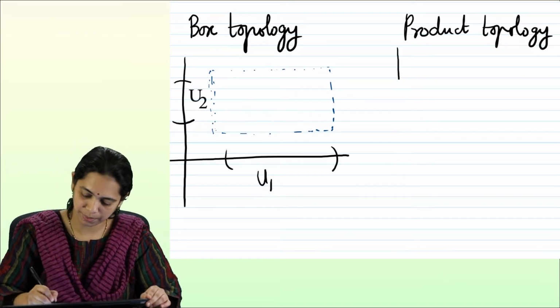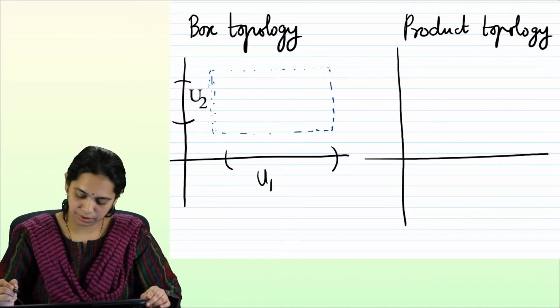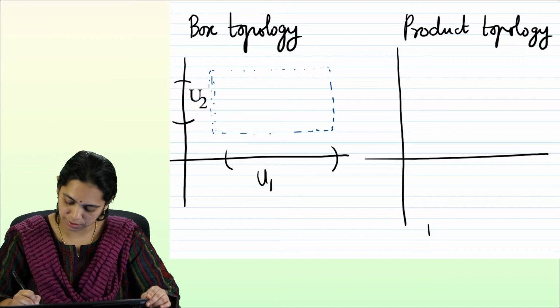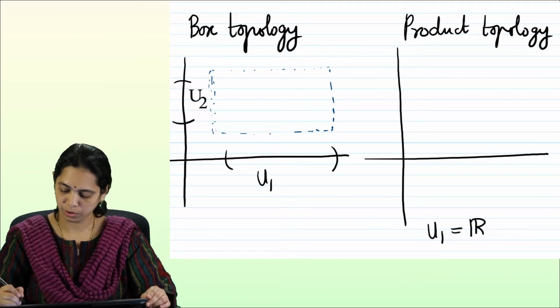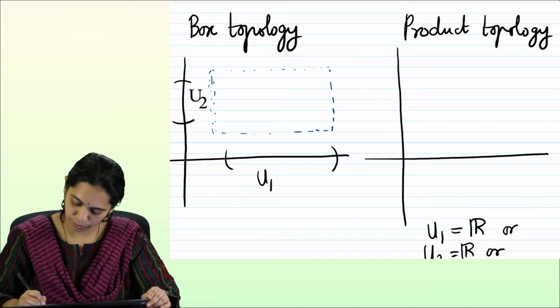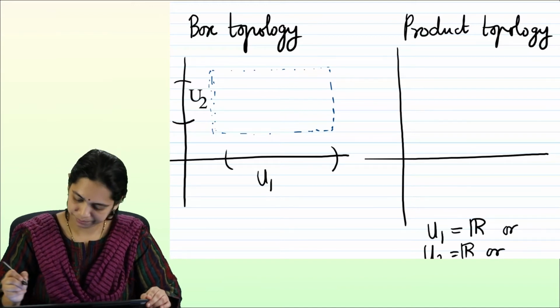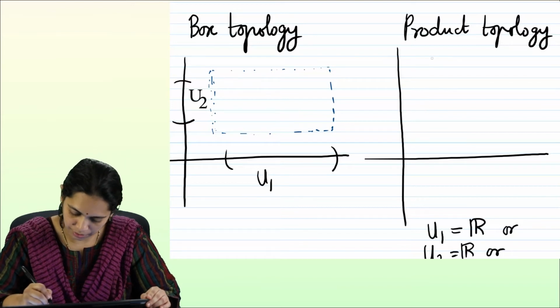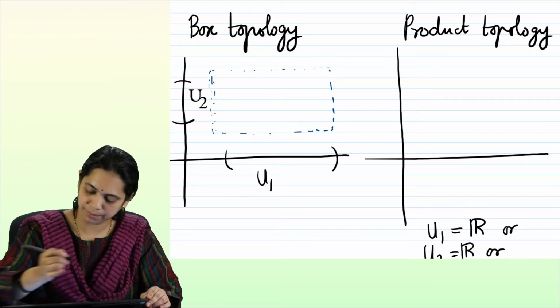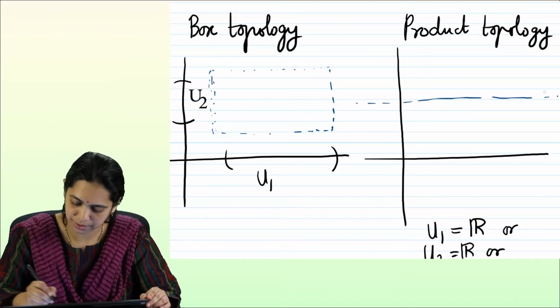If you try to draw the pictures in the product topology, you will see that U alpha has to be X alpha, that is, U1 has to be R, or U2 has to be R, or both, while the other can be arbitrary. So, a typical possible basis element is a strip like this.